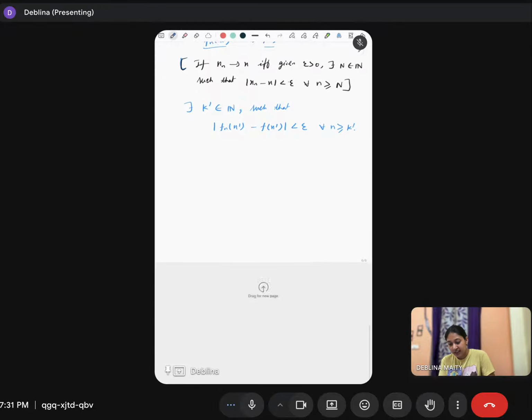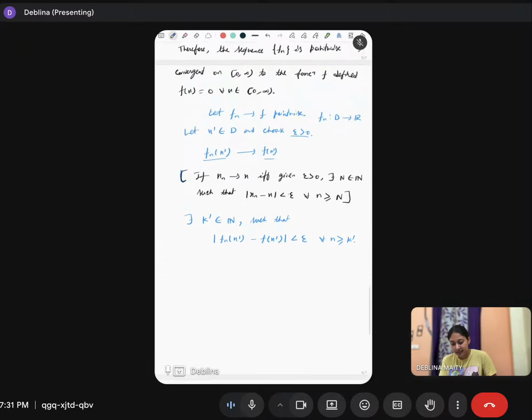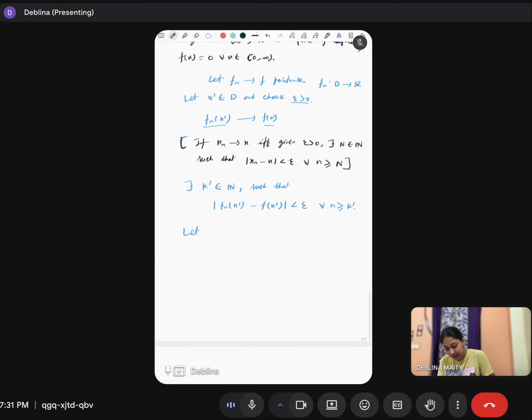Now similarly, if we take a different point other than x', let's take x'' belongs to D, and epsilon is given, then there exists some K'' belongs to N such that this happens: less than epsilon for all n greater than or equal to K''. This K' and K'' may be different, may be equal; that we don't know.